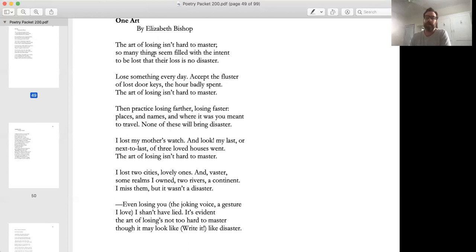And look, my last, or next-to-last, of three loved houses went. The art of losing isn't hard to master. I lost two cities, lovely ones. And, vaster, some realms I owned, two rivers, a continent. I miss them, but it wasn't a disaster. Even losing you (the joking voice, a gesture I love) I shan't have lied. It's evident the art of losing's not too hard to master though it may look like (Write it!) like disaster.